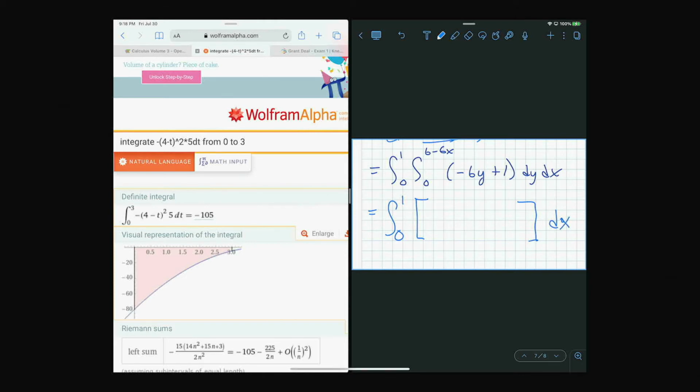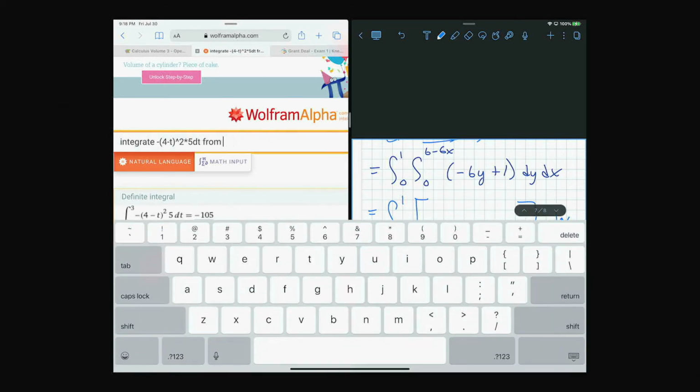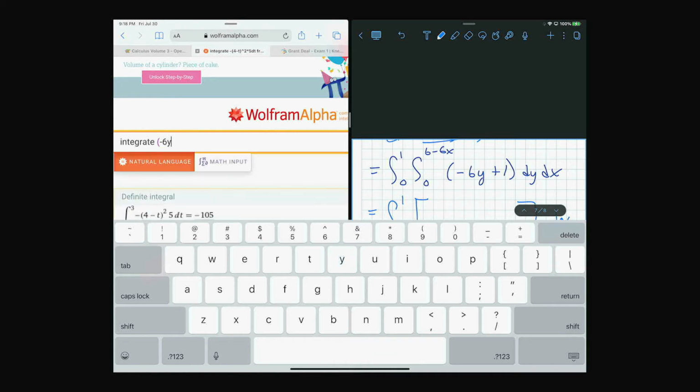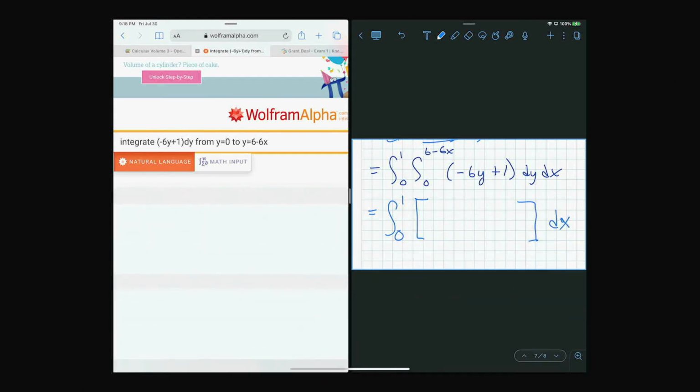So I would be doing negative 6y plus 1 dy, and then I go from y equals 0 to y equals 6 minus 6x. I think that'll give me a good chance of having it do the right thing.